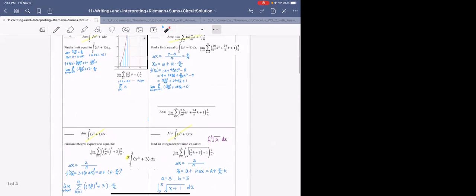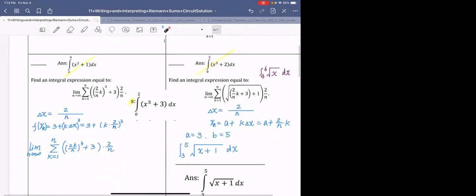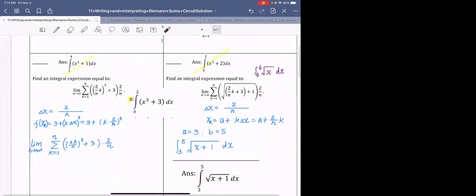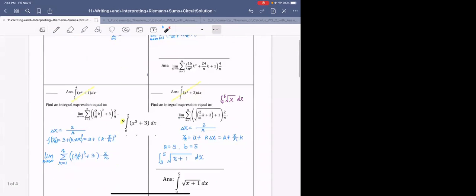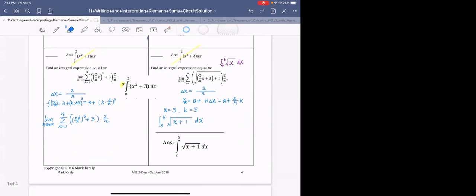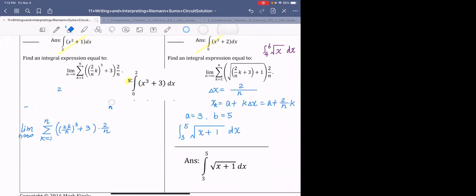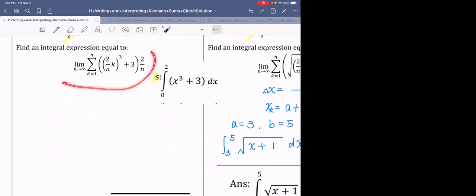Now, Aiden, I will let you do one more. We are going to do the opposite direction. This guy over here, we are looking for its integral format. So given the limit, we want to get the integral.